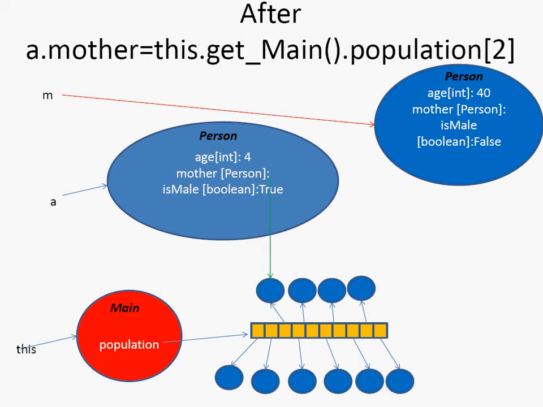It points to this thing. And from that value, we say index 2. 0, 1, 2. Boom. That returns this guy here. And this whole thing, therefore, is referring to this guy. The result of evaluating this expression, computing this formula, is a value. And A's mother now gets that value and points to that same person. Does that make sense?